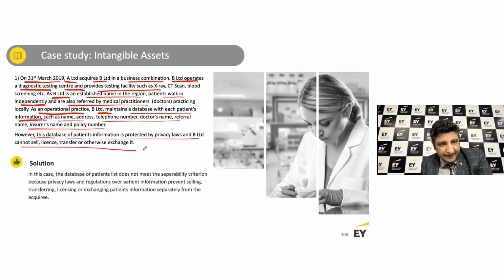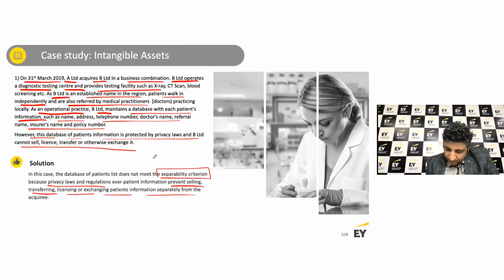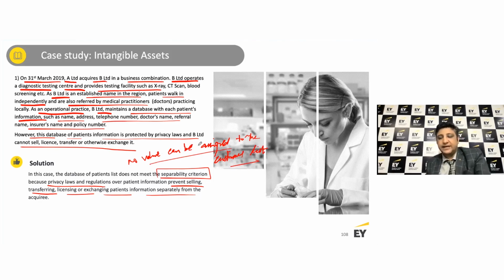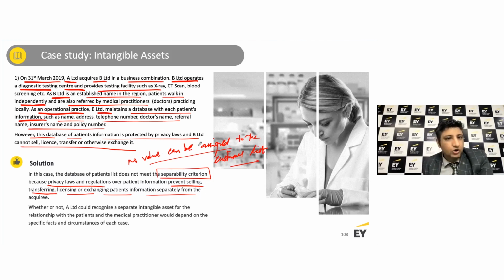Now, effectively, since the privacy law and regulations prohibit the use, sale, transfer, license, or exchange of this information, the separability criteria is not met. It simply means that no value can be assigned to the customer list in this case because the separability criteria is not met, right?